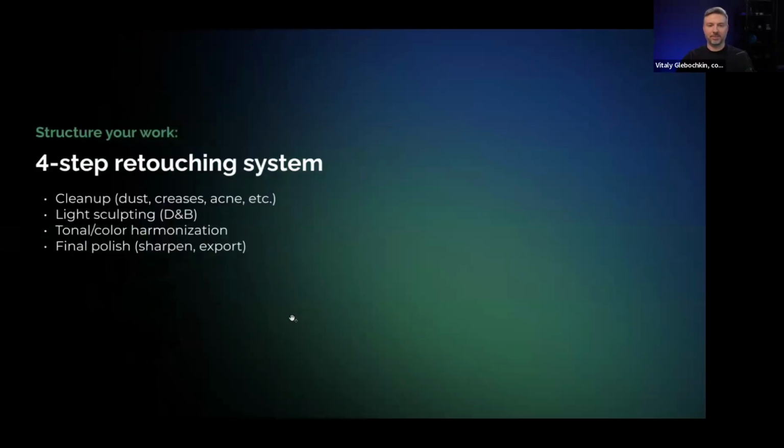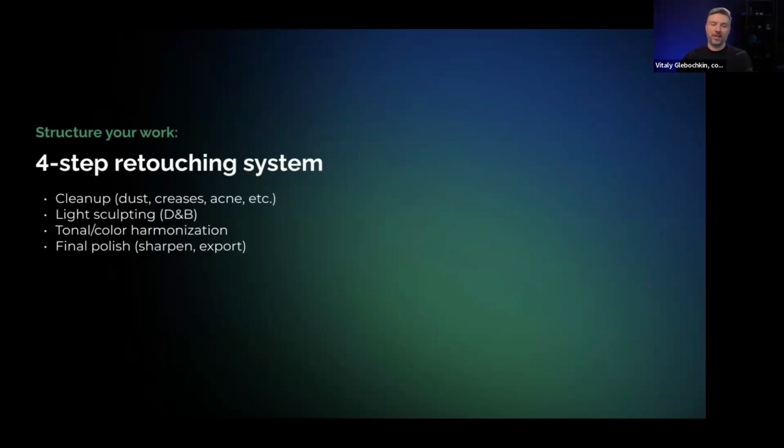So let's take a look at the four-step retouching system. The first step is to clean up dust, creases, and acne, for example. So why should we clean acne? I will show you the example in the next image. Then we need to prepare light for the photo shoot, and sometimes we need to enhance your main subject with the lighting.